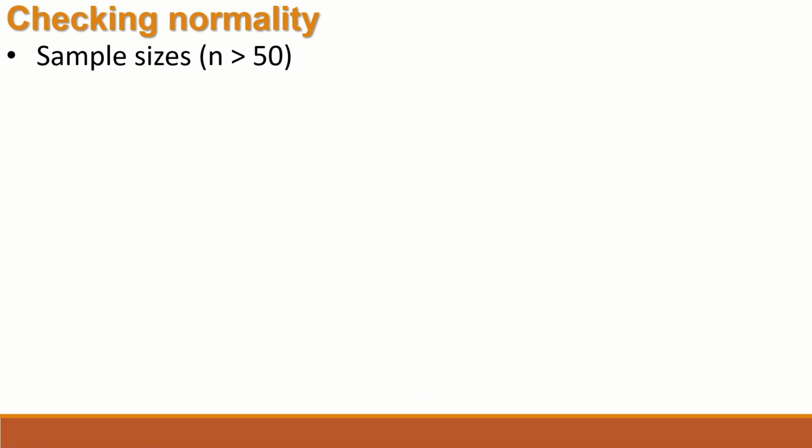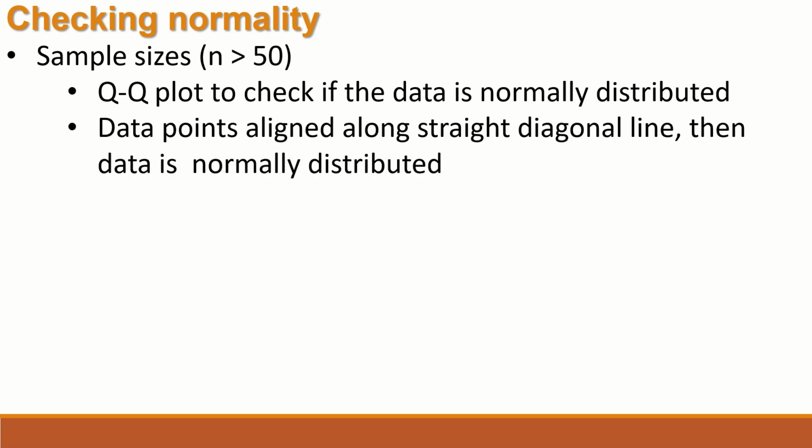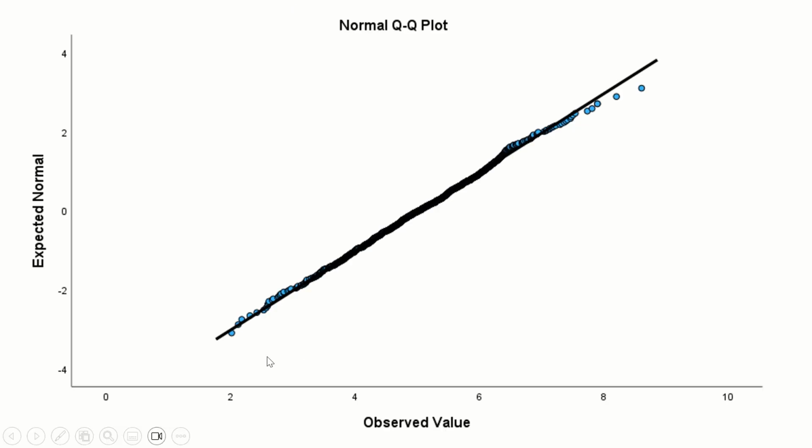Now, another way to check normality, in addition to the histogram, box plot and statistical test, is to use a QQ plot. So draw a plot, and if the data points are aligned along the diagonal straight line, then the data are most likely normally distributed.